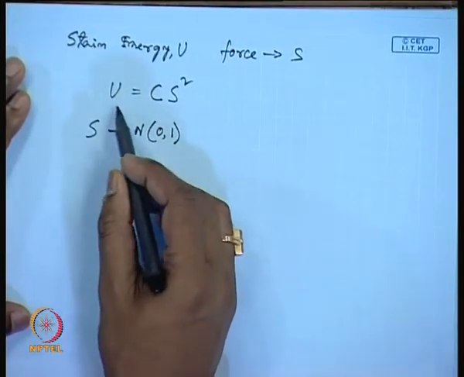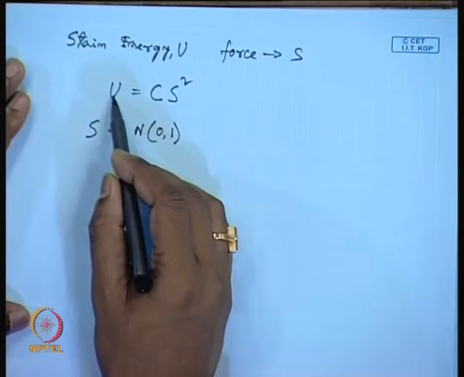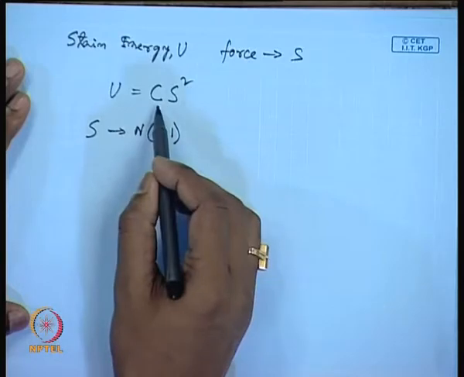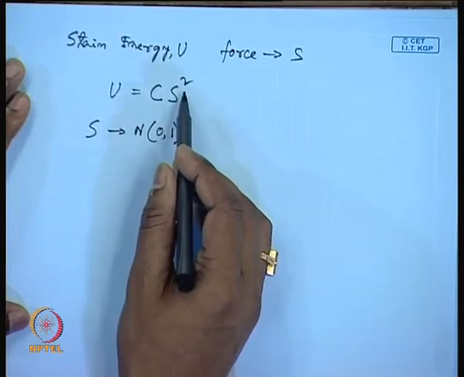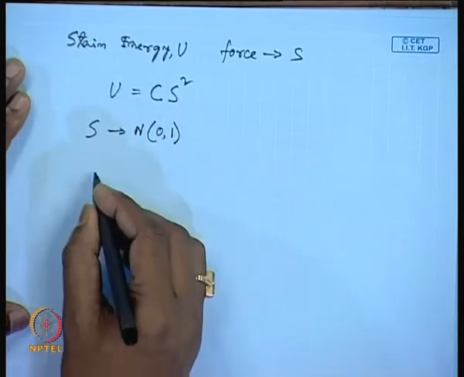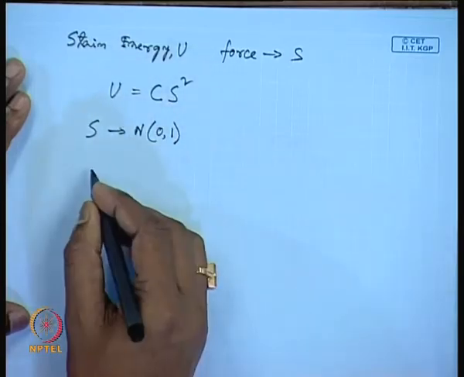As we have seen, these two random variables, U and S, are related through the equation U equals some constant C multiplied by S square. These are random variables, that is why they are capital.